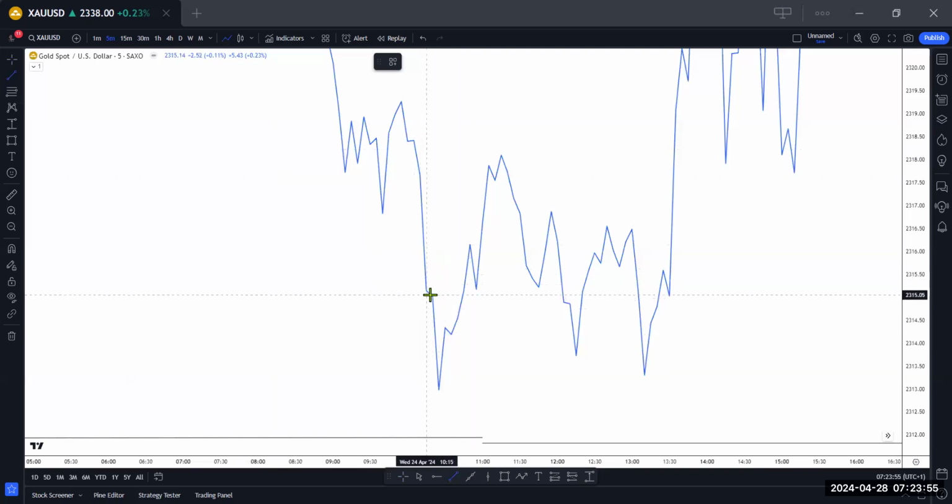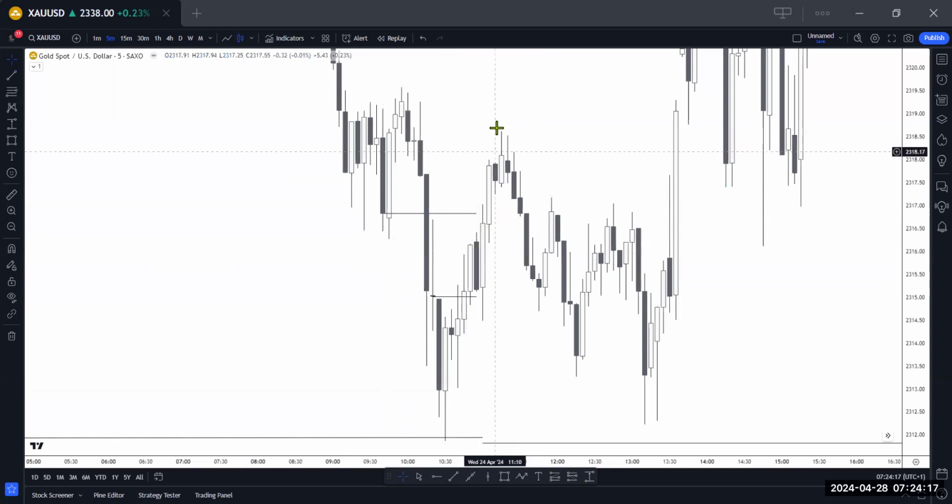So this is an SNR level, this angled area. You should have expected price to sell here, but price didn't sell. Price broke it. Where else do you expect price to sell? This is a breakout SNR. When price taps this, you expect price to start selling and take this out. But no, price tapped and then broke it.